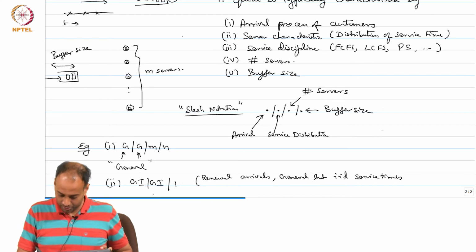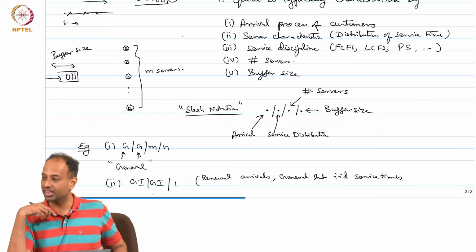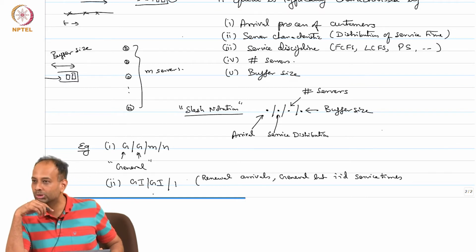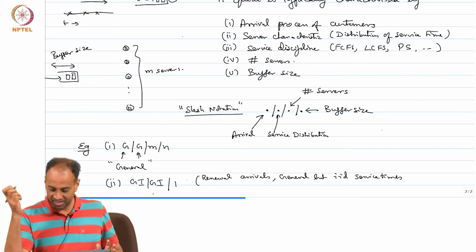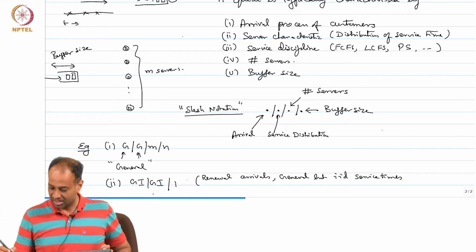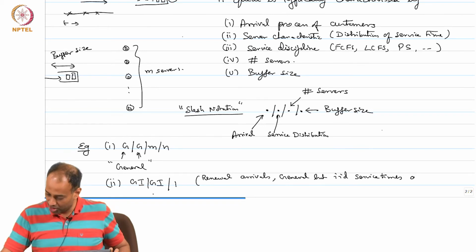And I have not put a fourth slash, meaning that I do not have any restrictions on how many people can wait. So, GI/G/1 means renewal arrivals, general but IID service times across customers.